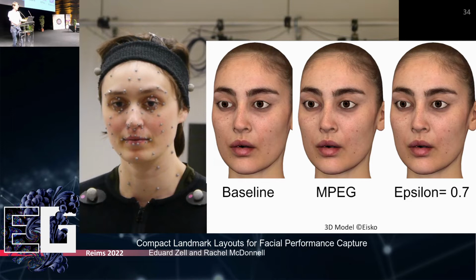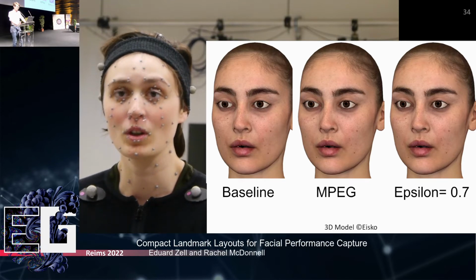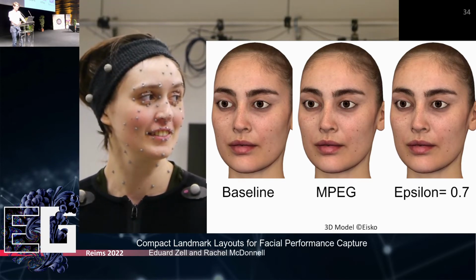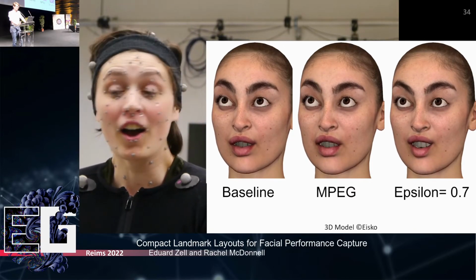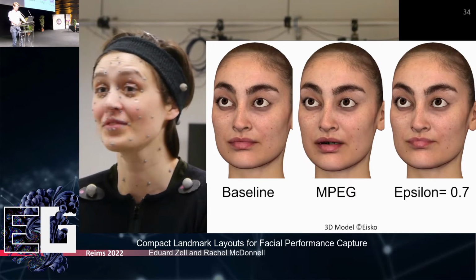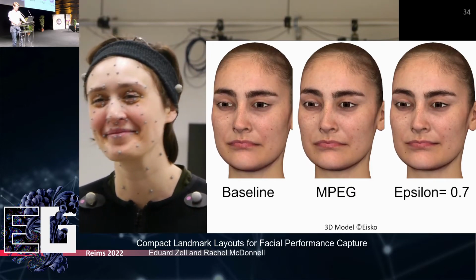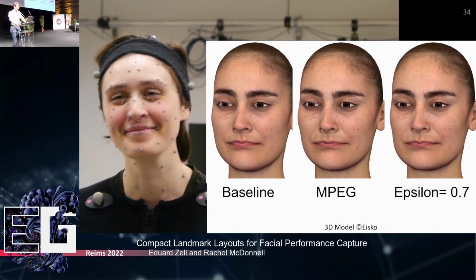Here we have all kinds of difficulties like different characters, inaccuracies in landmark placement, etc. Nevertheless, the animation reconstruction is again on par despite using only half of the landmarks.